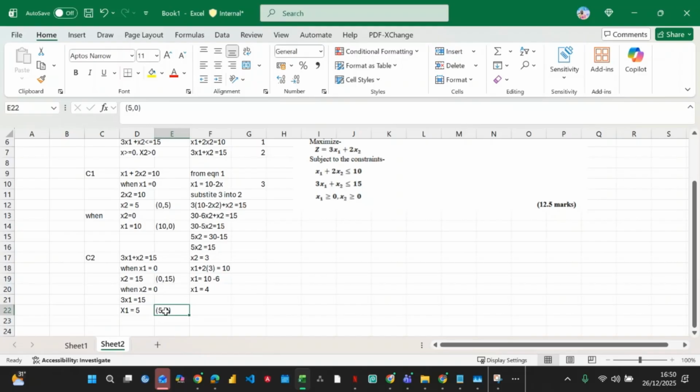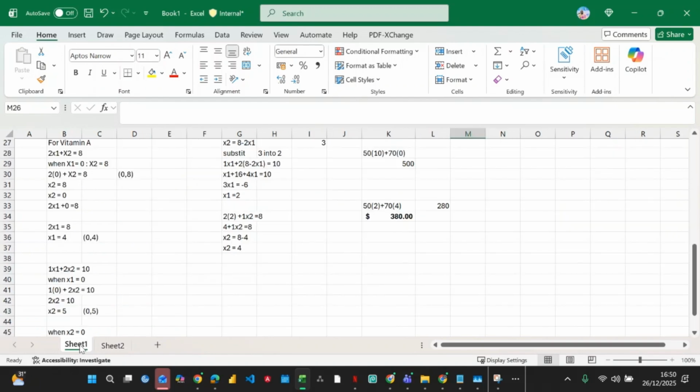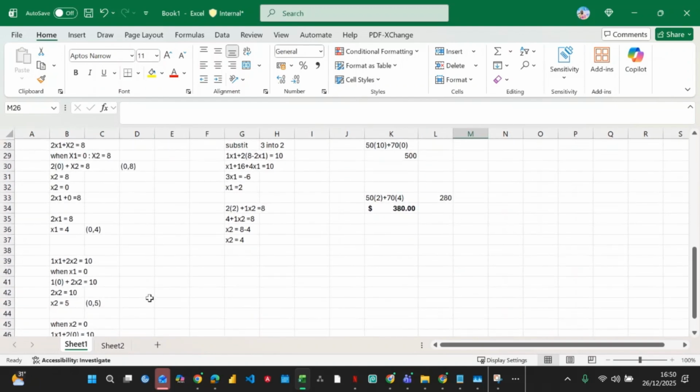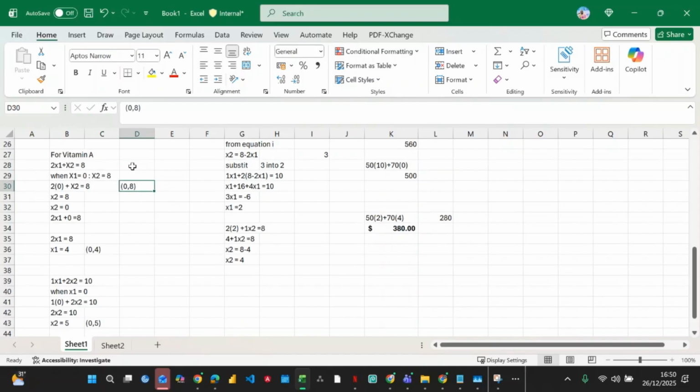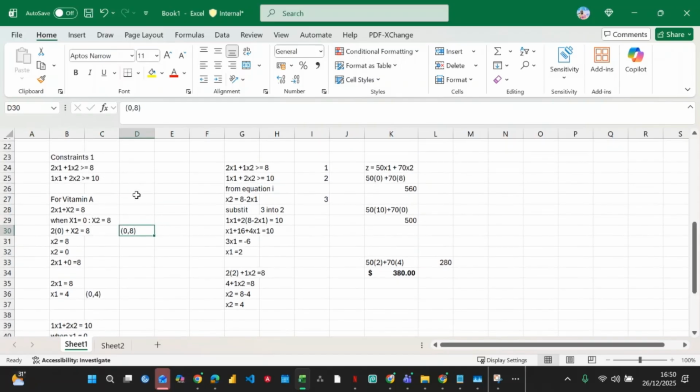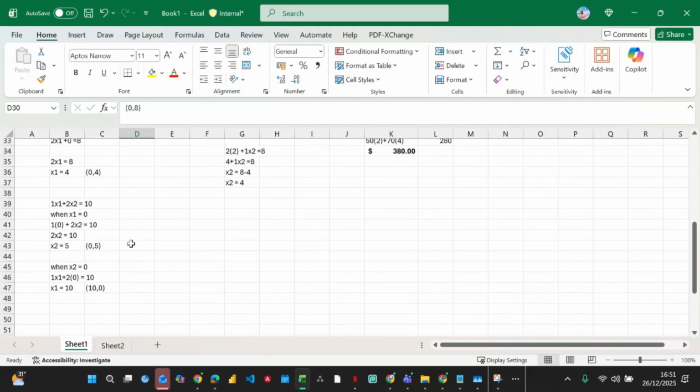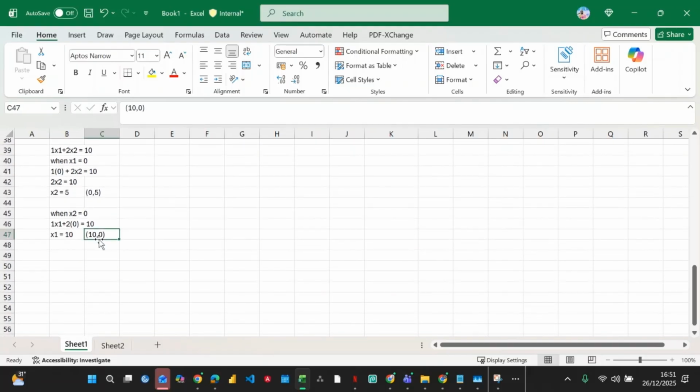Do you understand? While we're picking this, we want to determine what the question is asking. You want to know which of the methods you have used is actually giving the minimum or the max. Here we are looking at the maximum, we are looking at profit, the highest. For the other one, that was minimum, so we picked the highest.